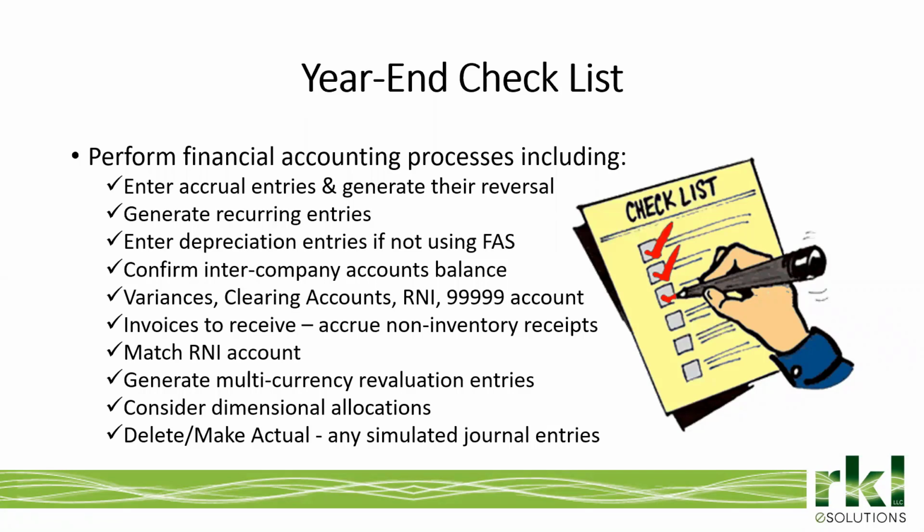Okay. The next step would be to run your invoices to receive process. So you manage stock from a PO to post to the expense and the R&I account properly. But for your non-inventory items, there's no entry for the receipt of those. So if you've not received the invoice, you'll need to accrue for those, okay?